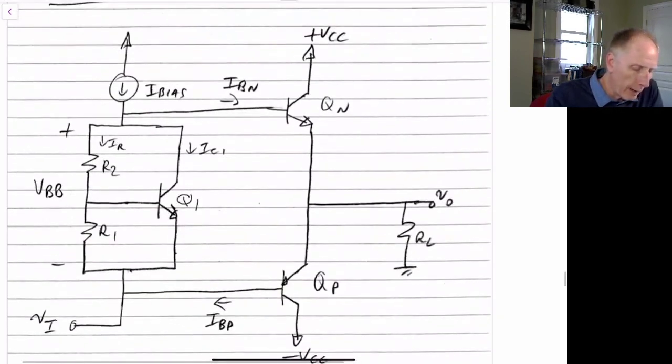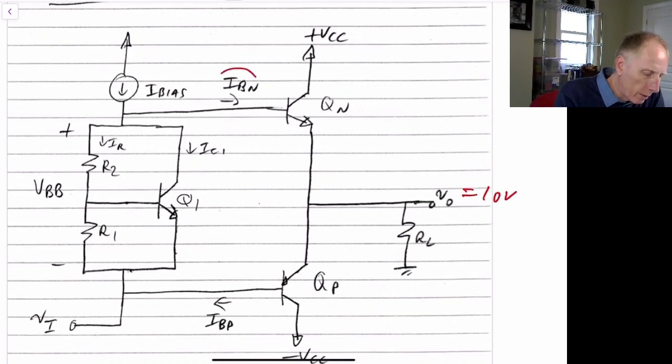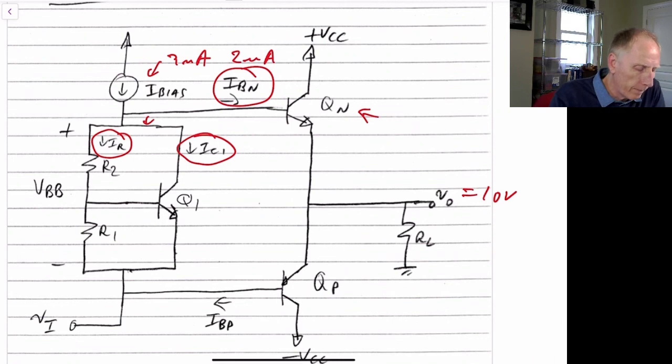So when the output becomes equal to 10 volts, this current becomes equal to 100 milliamps divided by 50, because the beta of the transistor is 50. So this is 2 milliamps. This was 3 milliamps. So this is 1 milliamp going down through here, and we have 0.5 here and about 0.5 over here.